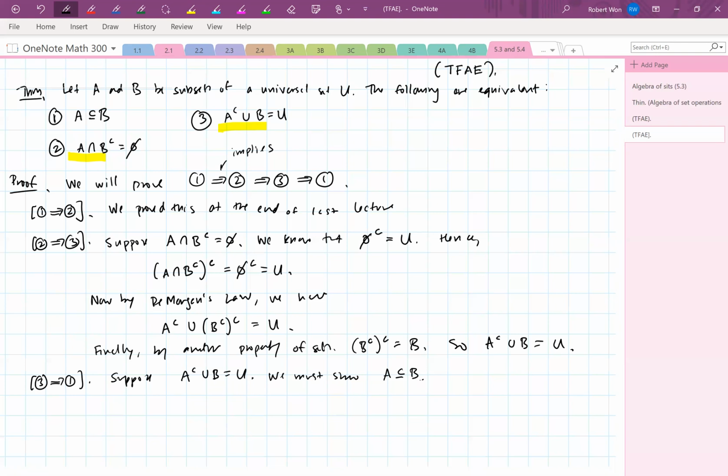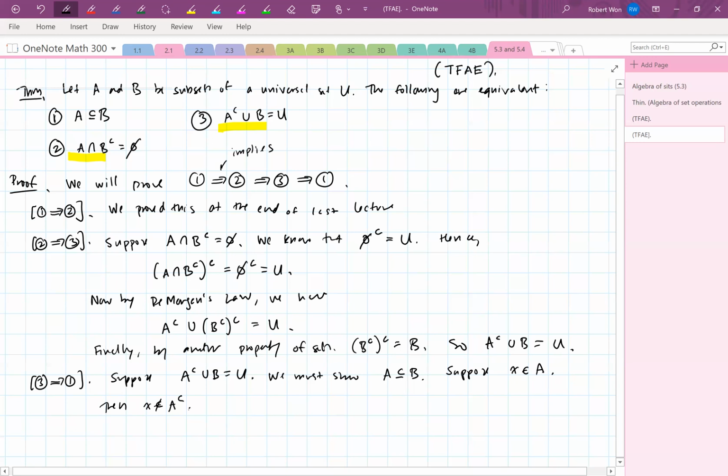Okay. So suppose X is in A. I want to show that X is in B. Well, if X is in A, then X is not in A complement.